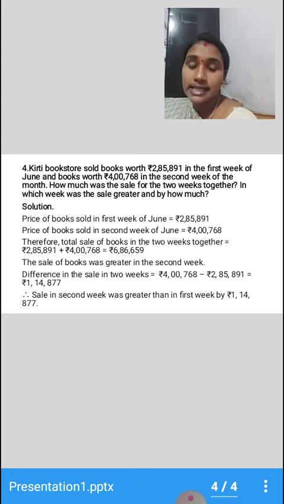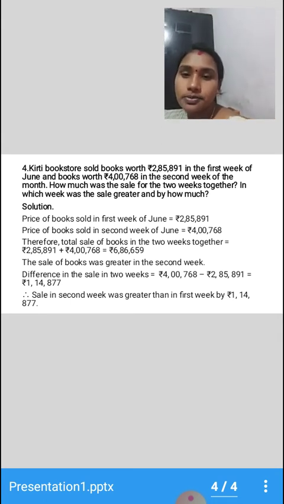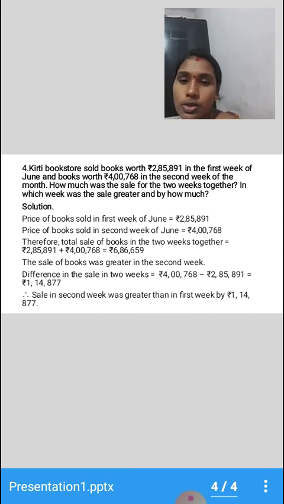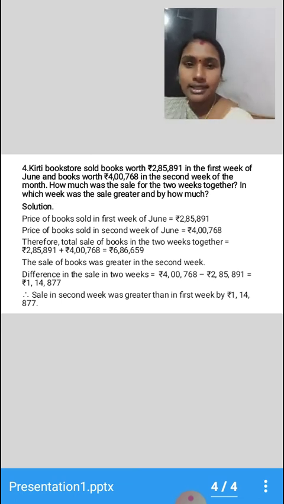So next, the first question was how much was the sale for the 2 weeks together. And the second one is in which week the sale was greater and by how much. So for this we have to find the difference, right? So which one has to come first? Which is the greatest number here, children? That is the largest number, 4,768. Okay, minus 2,85,891.